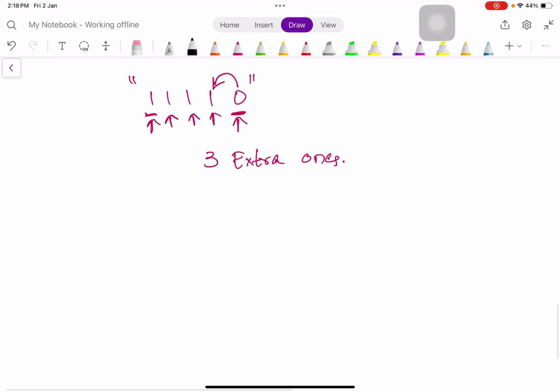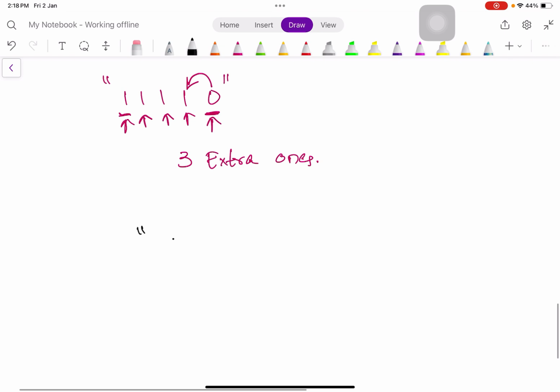Let's take one more example where I have a string. In this string, I have a first 1, which is an extra one. I have a second 1, which is also an extra one.